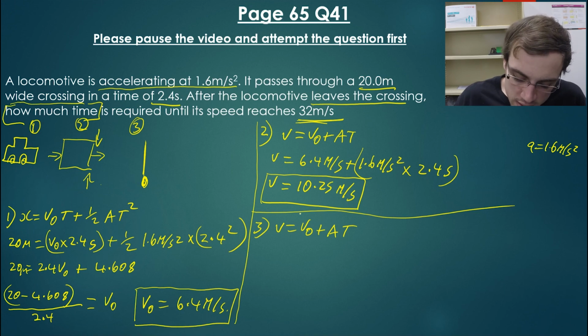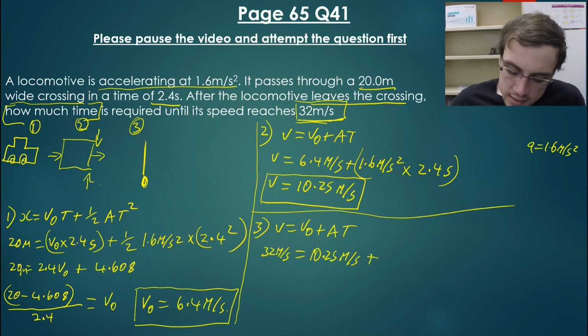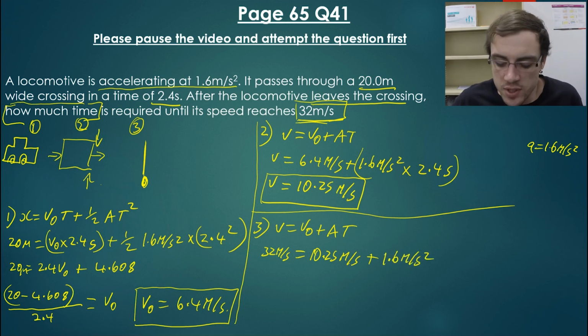Our final velocity is 32 meters per second. So 32 is equal to 10.25 plus the acceleration of 1.6 meters per second squared, because with these types of questions the acceleration must be constant.